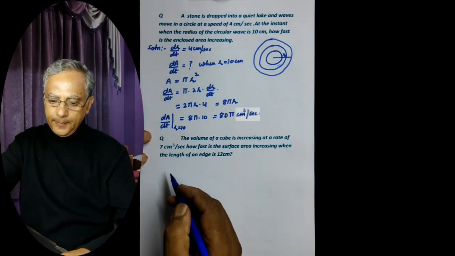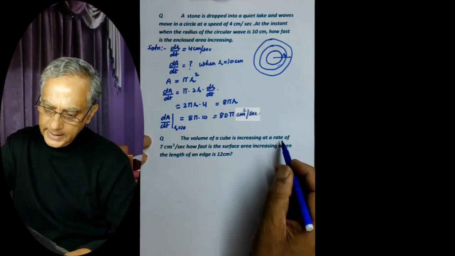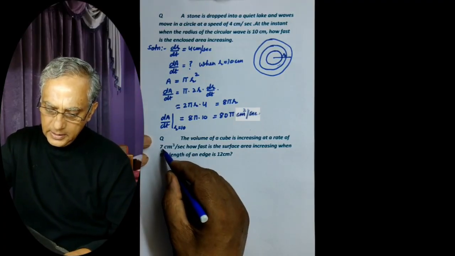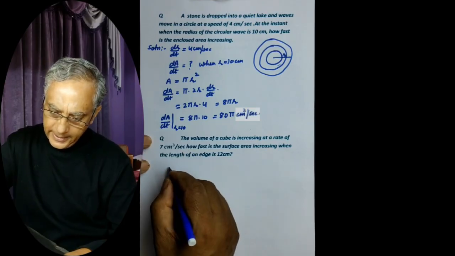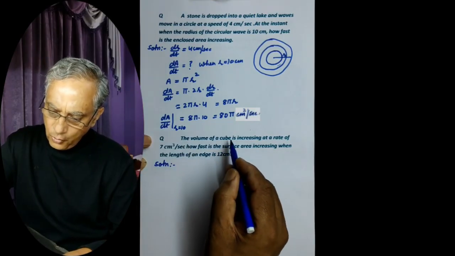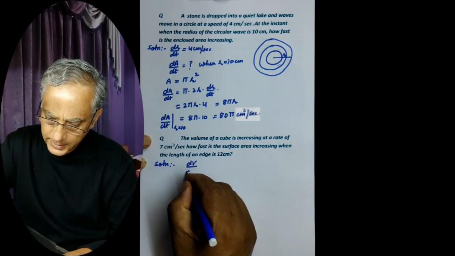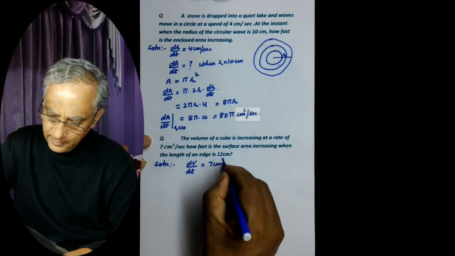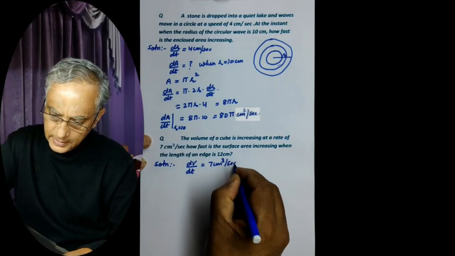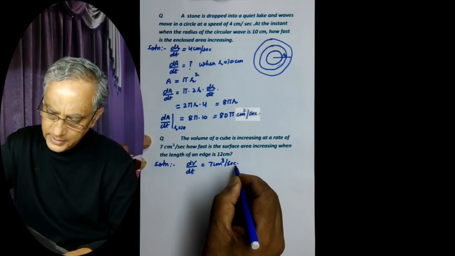Next is: the volume of a cube is increasing at the rate of 7 centimeters cube per second.